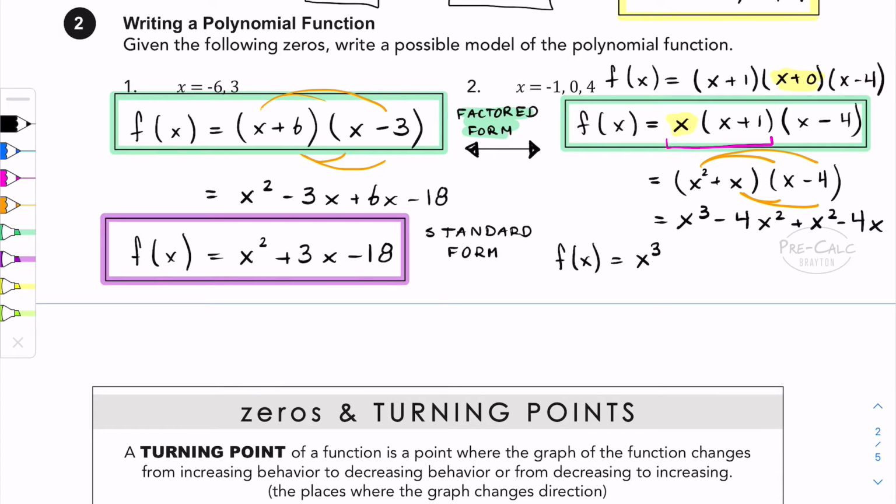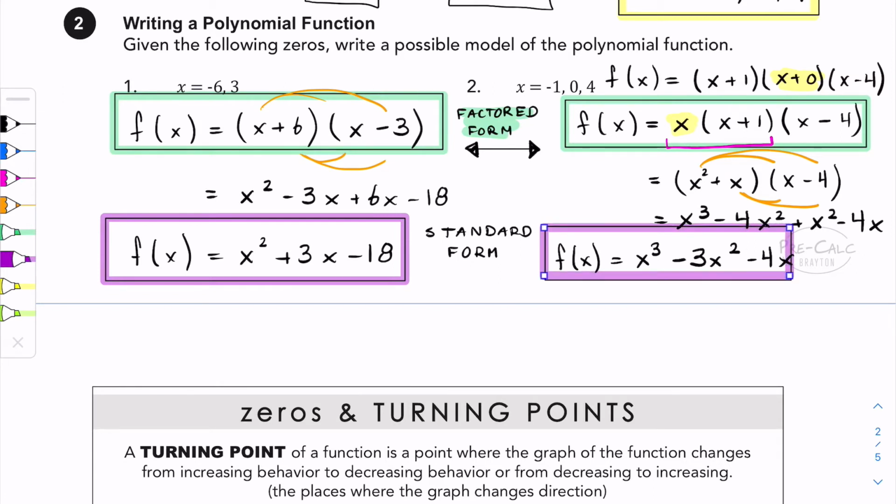X cubed, negative 4x squared plus x squared is negative 3x squared minus 4x. Again, just be careful whether you are working in factored form or standard form and understand the difference between the two.